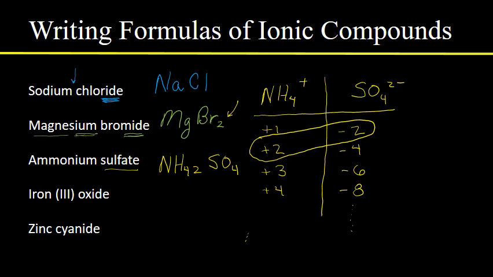So anytime we want to indicate that we have more than one of a polyatomic ion, what we do is put the ion in parentheses and then put the subscript outside the parentheses. So if we write it this way, (NH4)2SO4, this means that we've got 2 ammoniums and 1 sulfate. And that is the correct formula for ammonium sulfate.